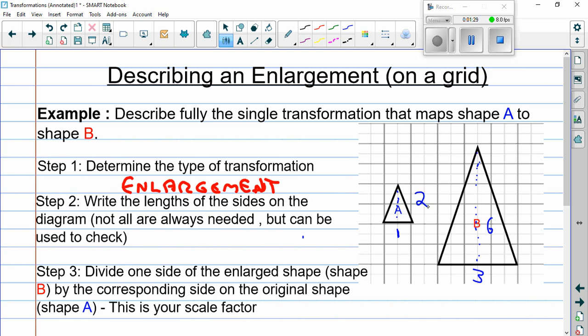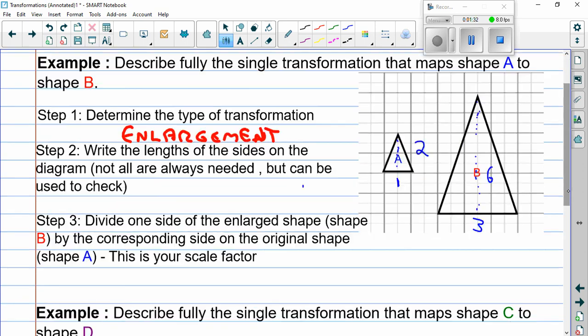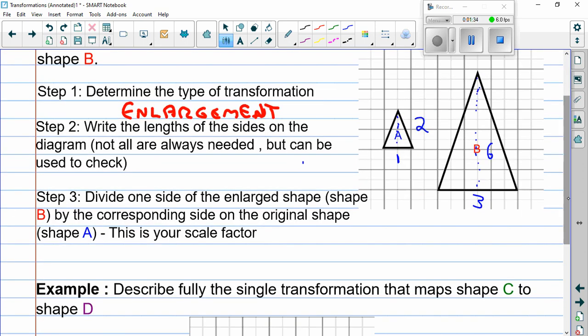So anytime we're finding our scale factor, and we'll use this actually when we talk about congruence and similarity, we want to do: your scale factor is equal to a measurement in your new shape, and you want to divide it by the same corresponding measurement in your old or original shape.